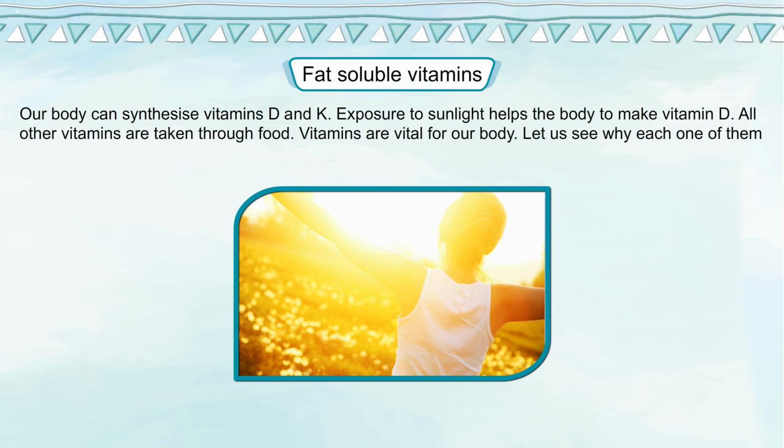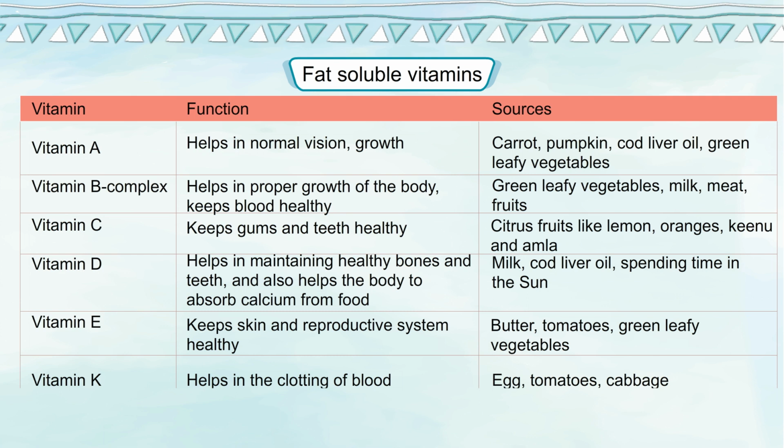Vitamins are vital for our body. Let us see why each one of them is important for us. Vitamin, function, sources. Vitamin A helps in normal vision, growth. Sources: carrot, pumpkin, cod liver oil, green leafy vegetables.